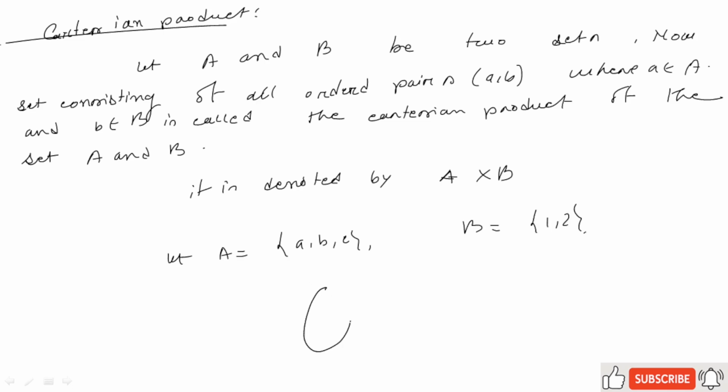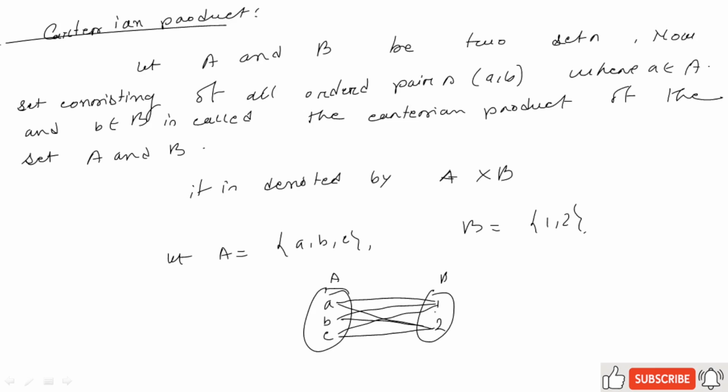This set we can represent this way: {a, b, c} is called A and {1, 2} is B. Then the pairs a to 1, a to 2, b to 1, b to 2, c to 1, c to 2. These are called what?